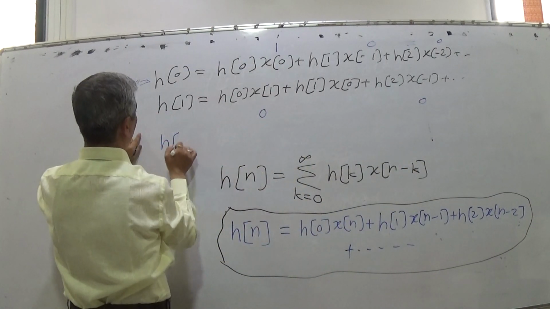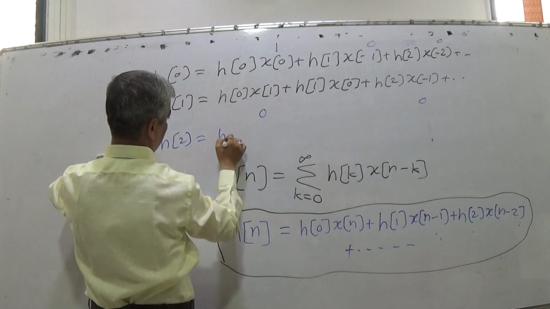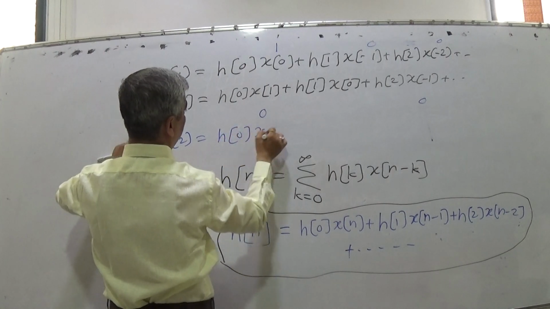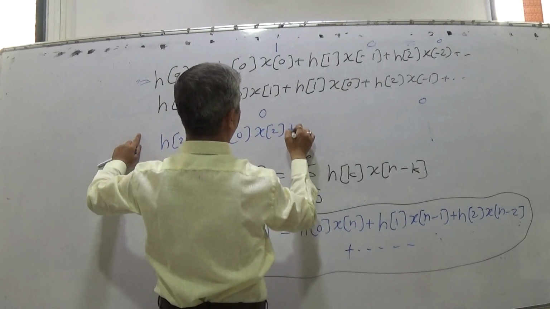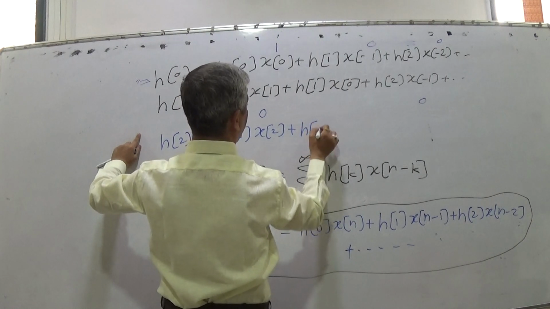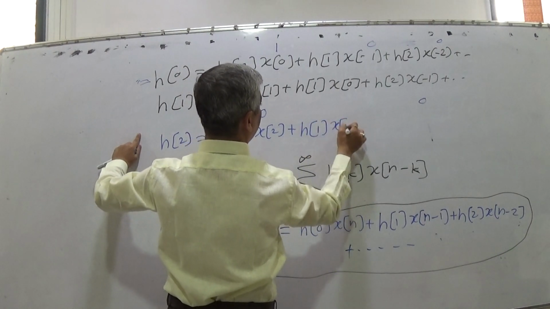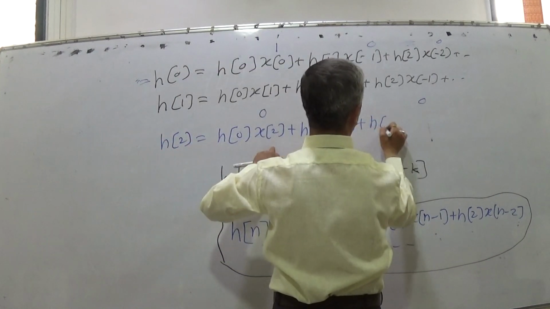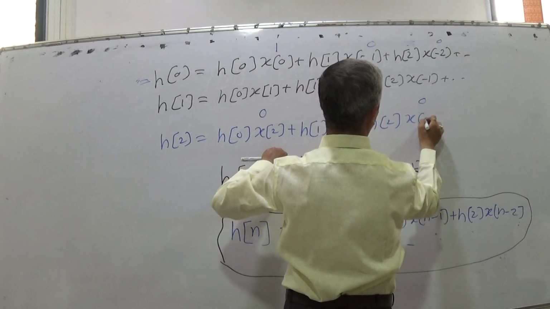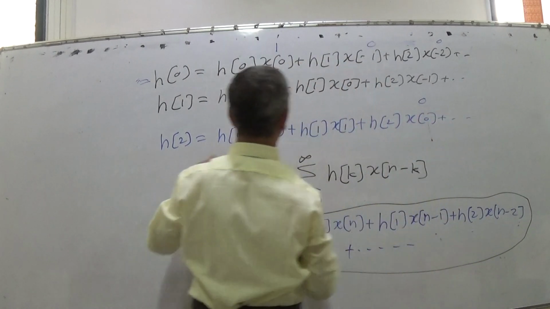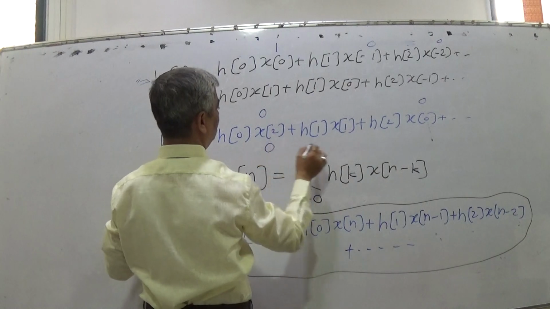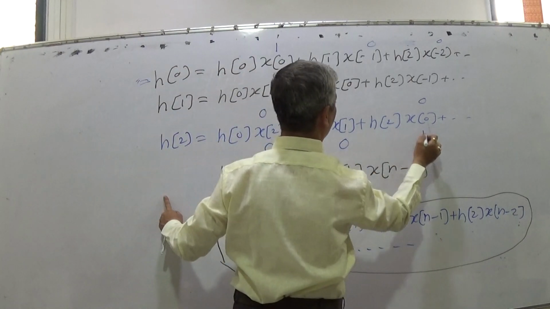If I want h2 to be equal to, again the same, this is always valid, h0 x2 plus h1 x1 plus h2 x0 plus so on. So what should be there? x2 should be 0, x1 should be 0, only x0 should be 1.